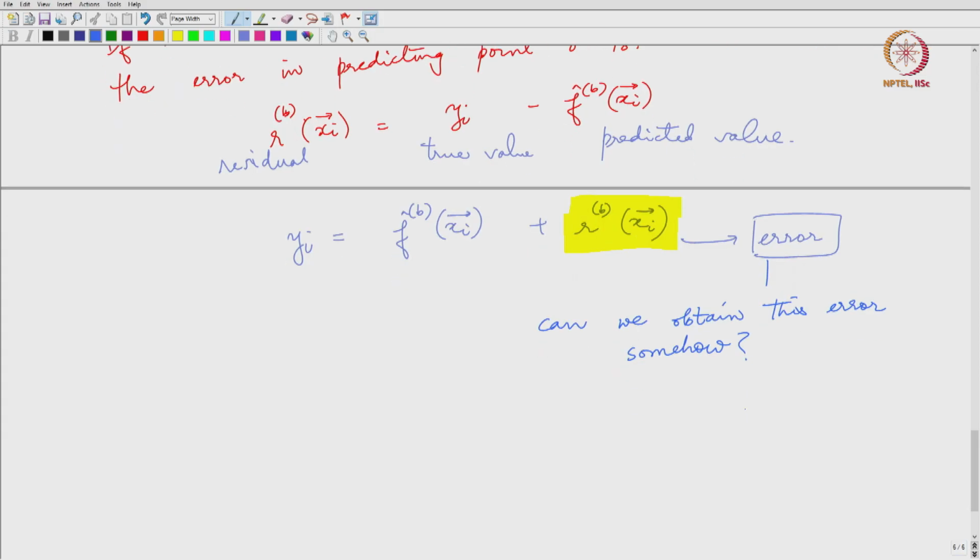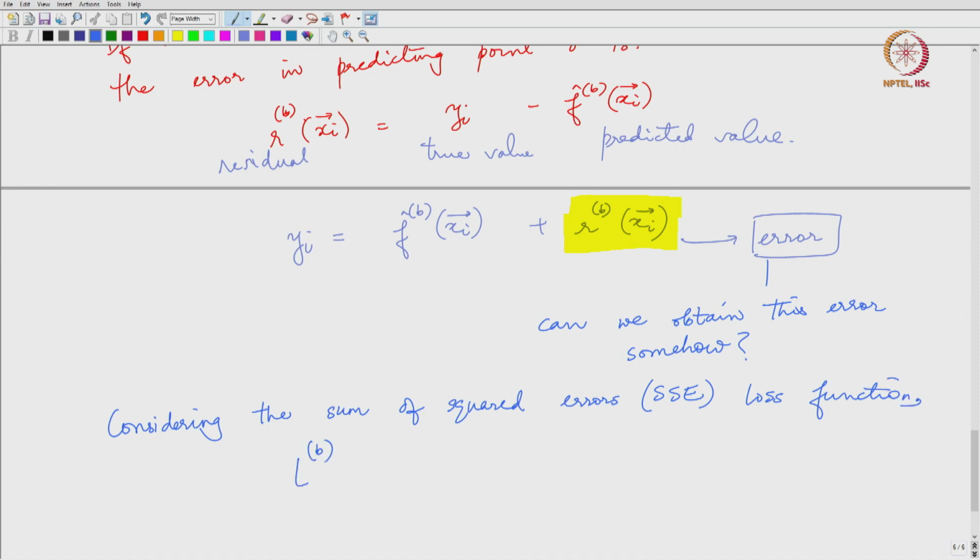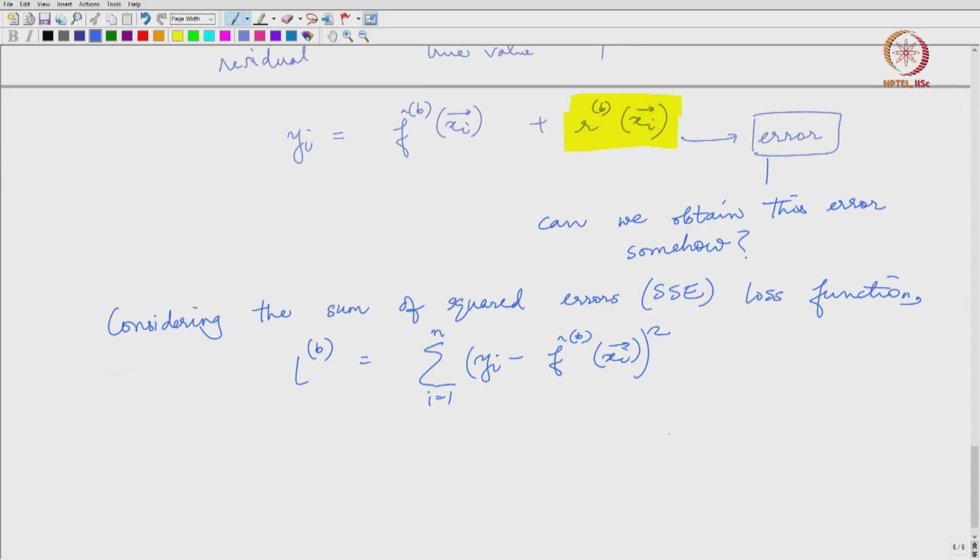So, let us consider the simple case of the sum of squared errors, the SSE loss function. Okay, the loss is basically the sum, i going from 1 to n, of (y_i minus f hat_b(x_i)) whole square. So, this is very familiar to us, that is the loss function.